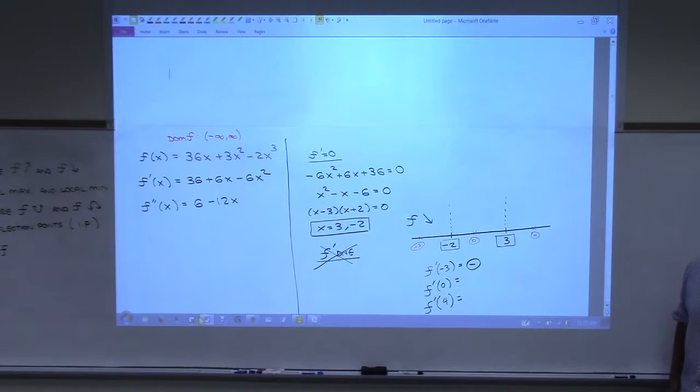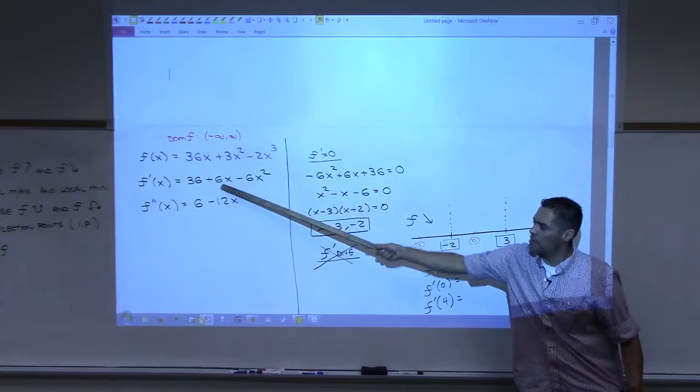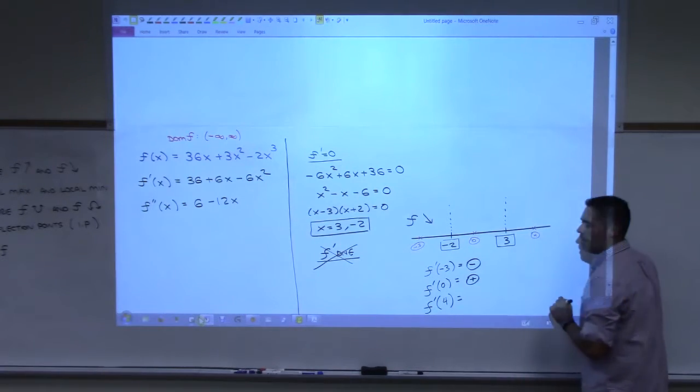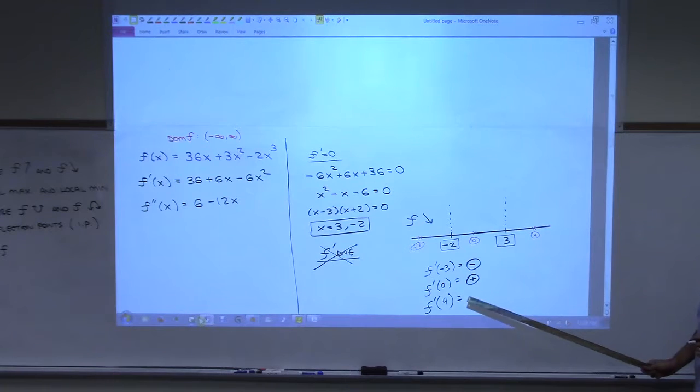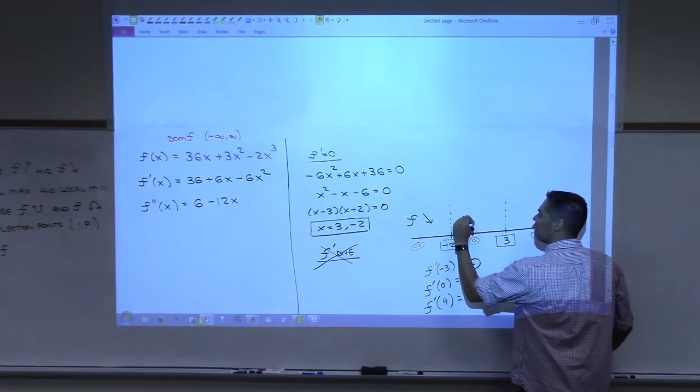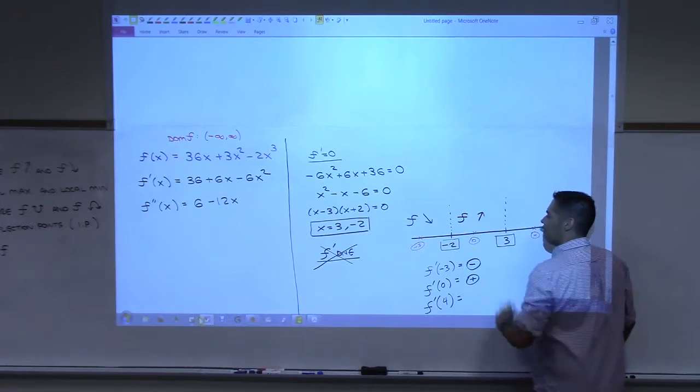Now plug in 0. 0 into this, it's going to be 36. That's positive. And if the derivative is positive, that means the original function is going up. So that means in here, it's going up.